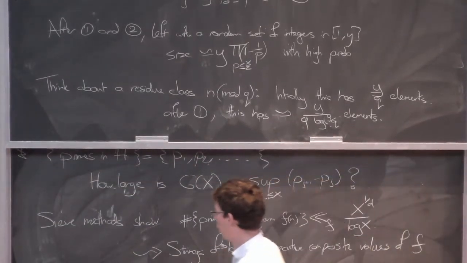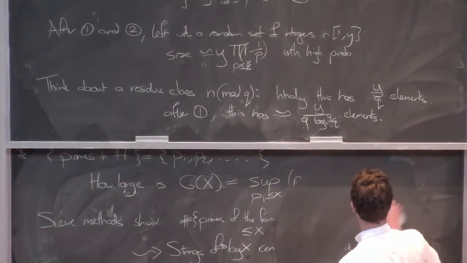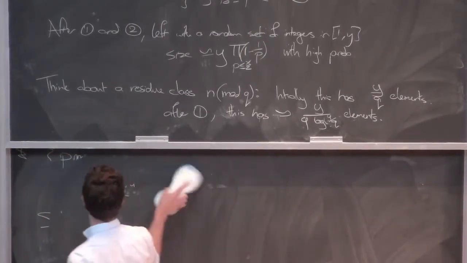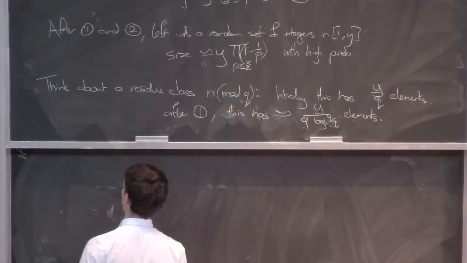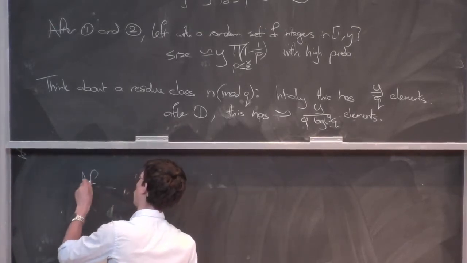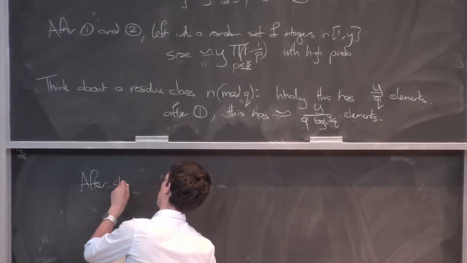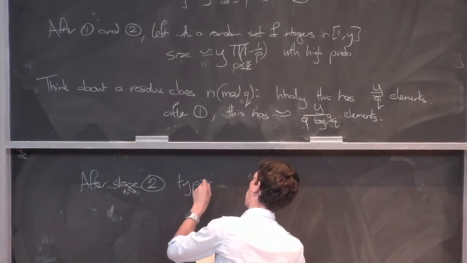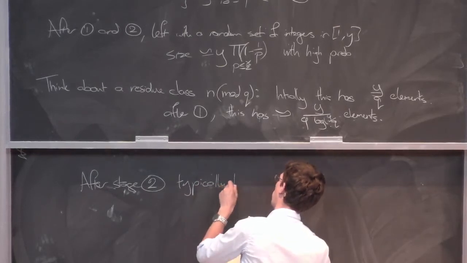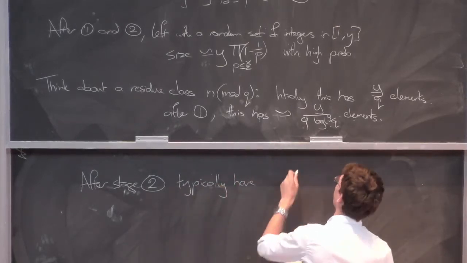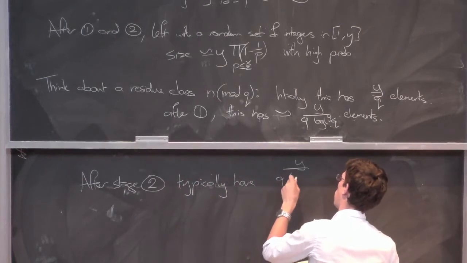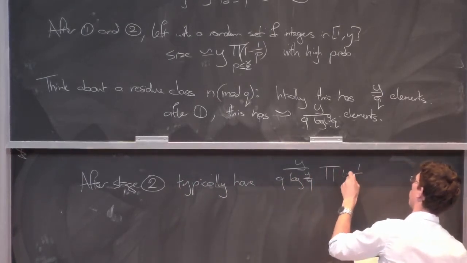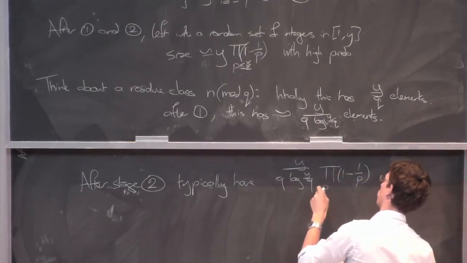And I'm then applying my stage 2, which is my random choice. And so after stage 2, you'd have about y over q log y over q, the number of things we had before, and then you'd typically remove a proportion 1 over p for the p of stage 2.